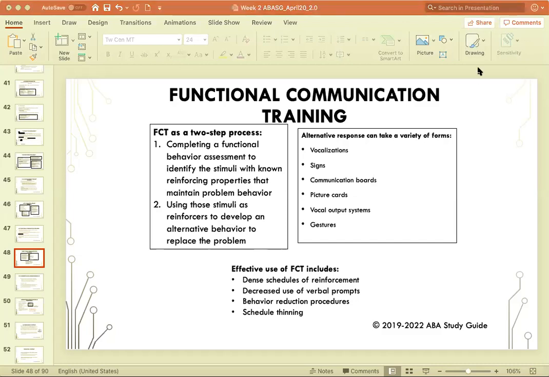I use the teacher's attention to reinforce the alternative behavior. What's our alternative behavior? We are going to teach Monique a better way to access attention, either using vocalization, signs, communication board, picture cards, vocal output, gesture. The mode of communication does not matter. What matters is that the alternative response matches the function.